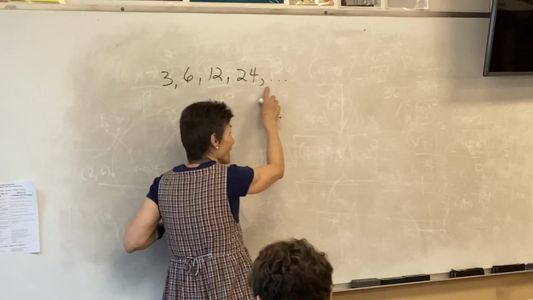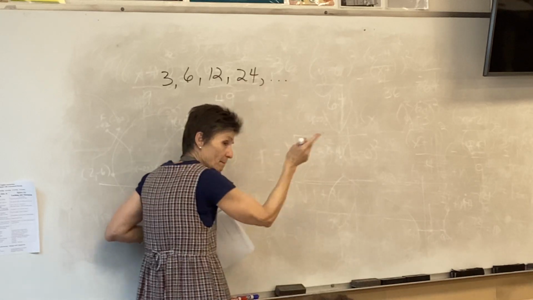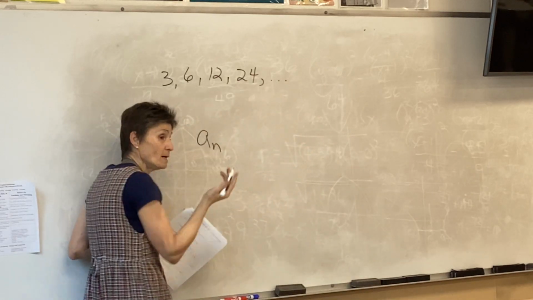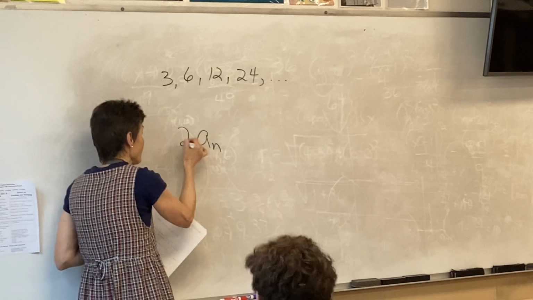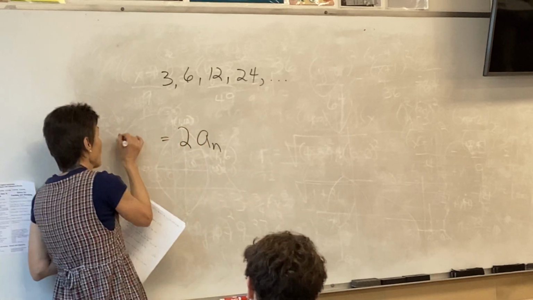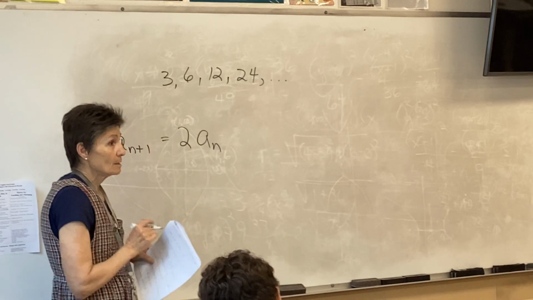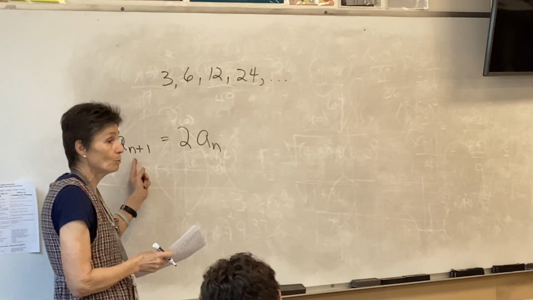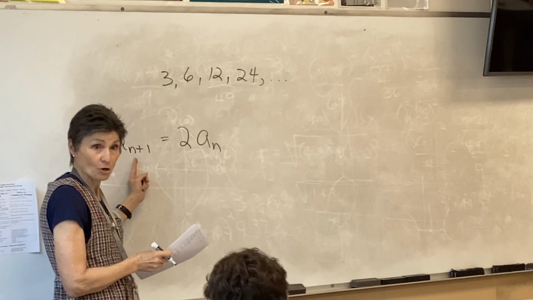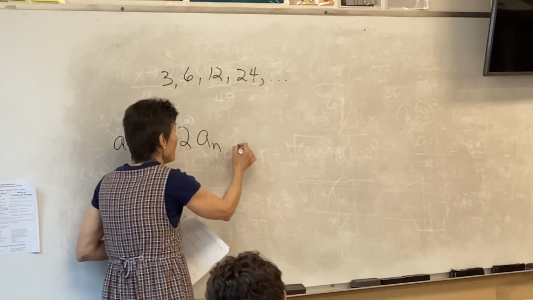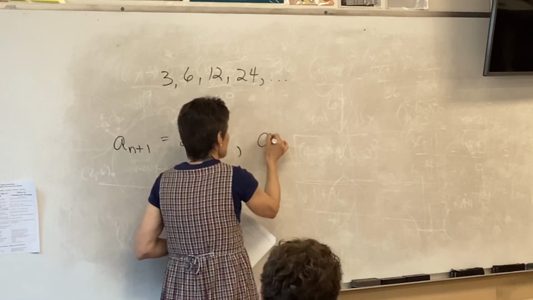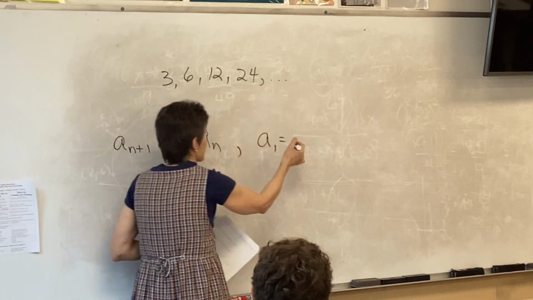48. And how did you get that? You multiply by 2. So you take some term, times it by 2, and that will give you the next term in the list. Right? So the 5th term times 2 will give you the 6th term. Now I need to remember though that I need a starting point for all this.